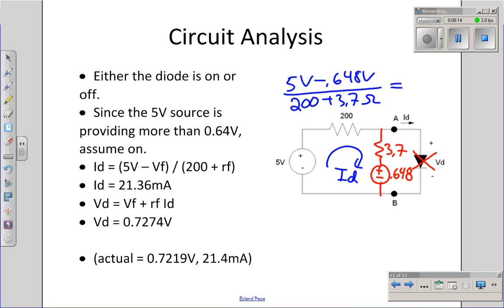That gives me 21.36 milliamps. Once I know the current, I can find the voltage. The voltage will be 0.648 volts plus 3.7 ohms times 21.36 milliamps, which gives V sub D approximately 0.7274 volts. This is a little bit off from the actual current and voltage, but again, a little bit closer.